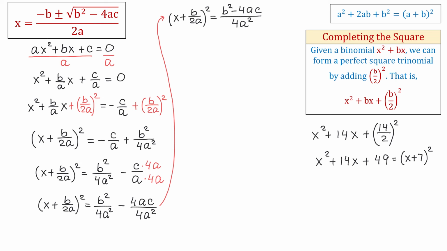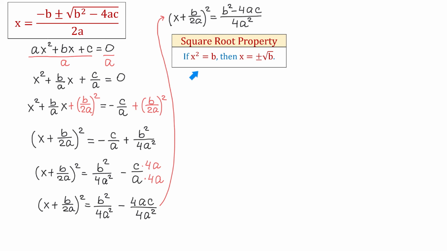And now from here, to solve for x, we need the square root property. And this is if x squared equals b, then x equals plus or minus square root of b. As an example, if x squared equals 25, then x equals plus or minus square root of 25, and x equals plus or minus 5.